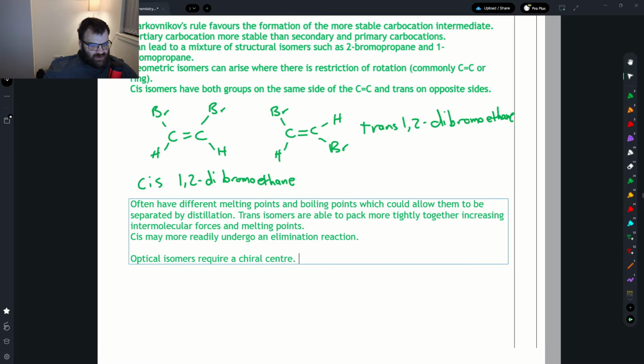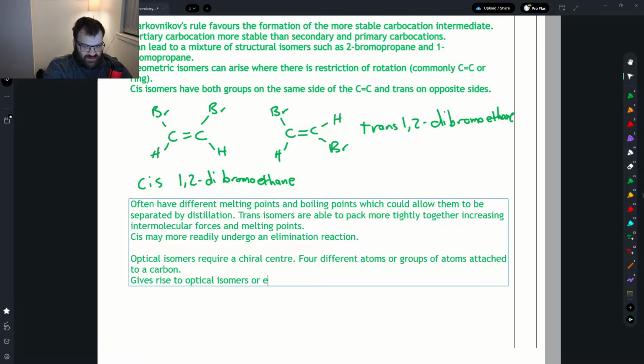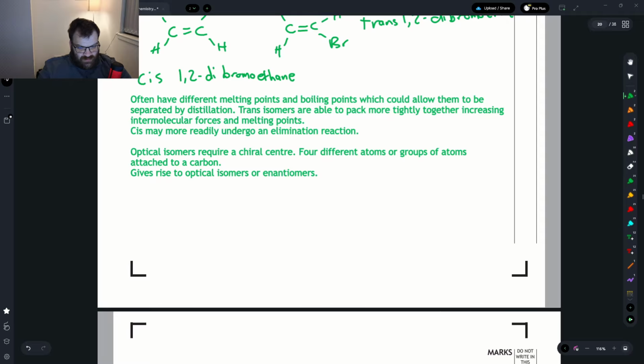They require a chiral center. We're looking for four different groups or atoms attached to a carbon, and that gives rise to optical isomers or enantiomers. This ties up to one of the multiple choice questions.